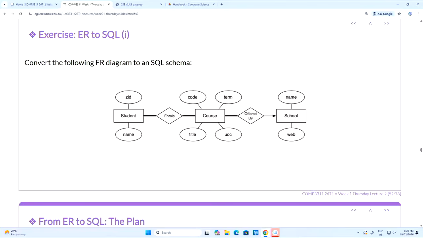So the reason when I said there's no harm in creating a new table is that if we create a new table of offered by, it will just be the same length as the course table, right? If we create a new table with two foreign keys, one pointing towards course code and term, and the other pointing to schools, then that is okay.